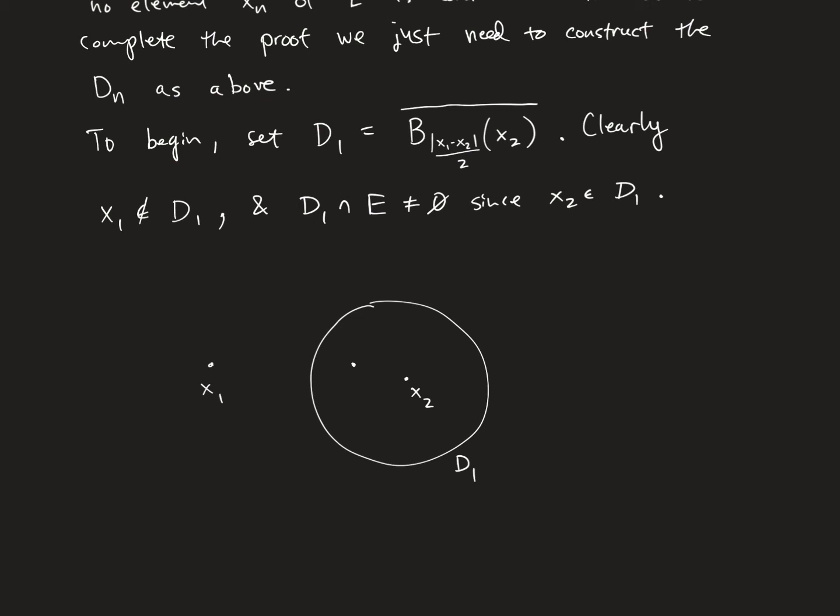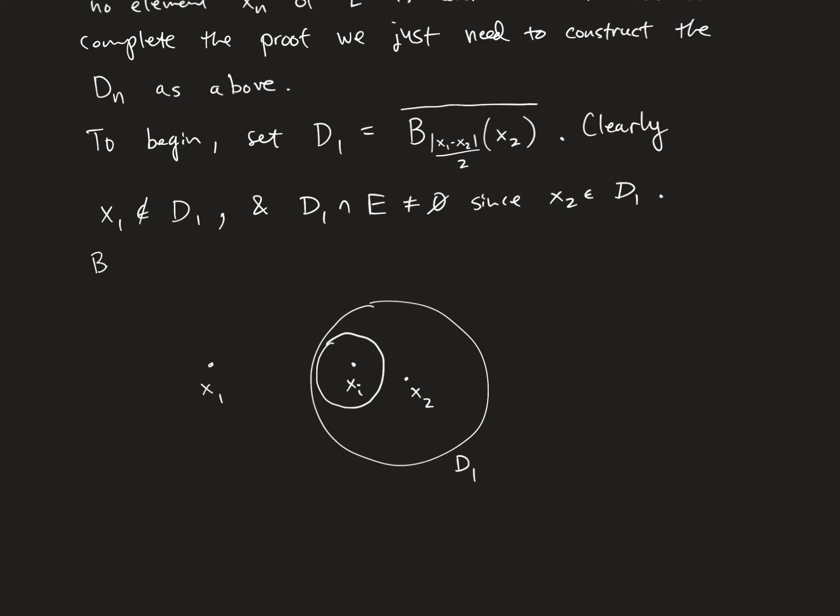So there's going to be some xi, say, in there. And it's clear that we should be able to put some closed ball around xi that's inside of D1 and that avoids x2. So let's start writing this down.